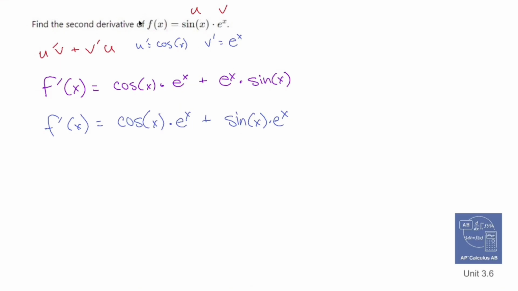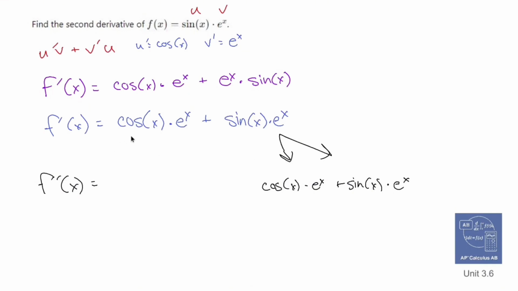Nope. I already know what the derivative of sine x e to the x is because I just found it. So for the second derivative, I'm not going to repeat myself by doing the same thing twice. I know that the derivative of sine x e to the x is cos x times e to the x plus sine x times e to the x because I just did it.